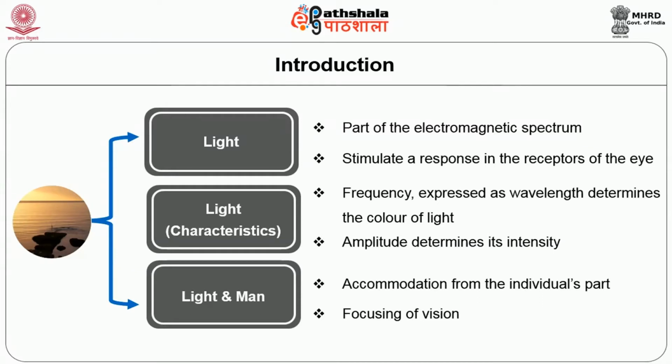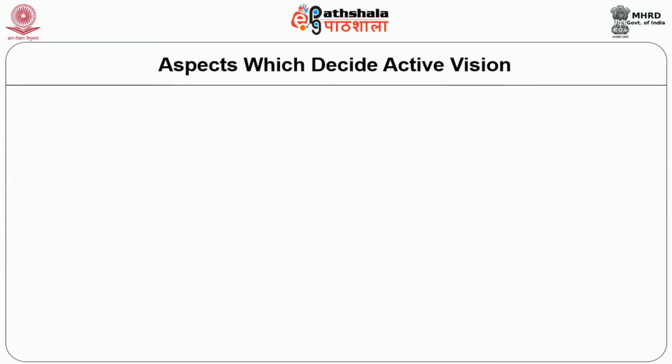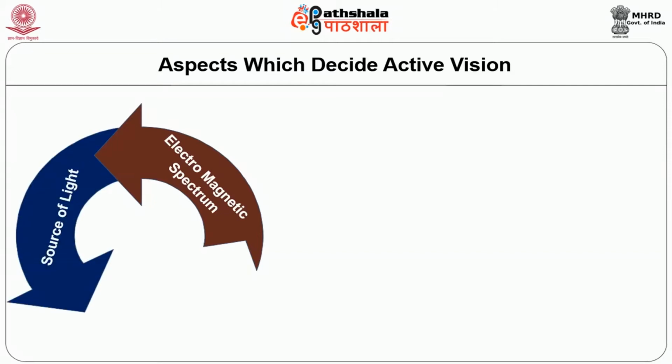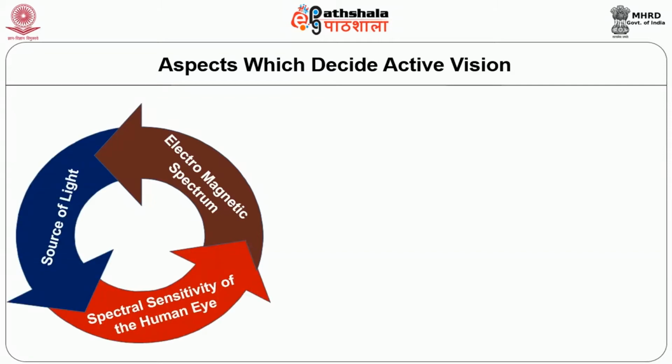What are they? Aspects which decide active vision are three, which decide exactly the method of vision that we have. They are electromagnetic spectrum, source of light, and the spectral sensitivity of the human eye.